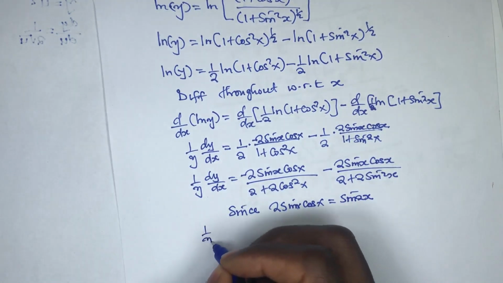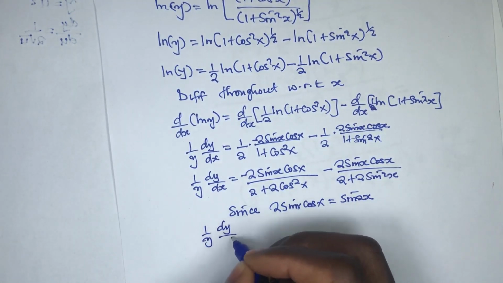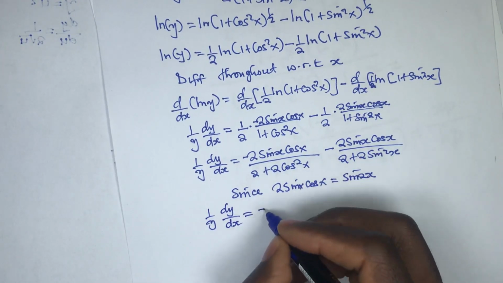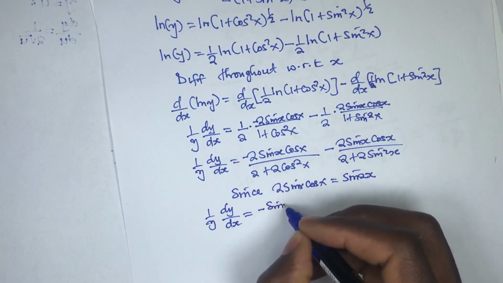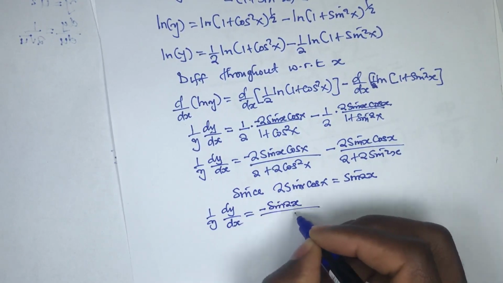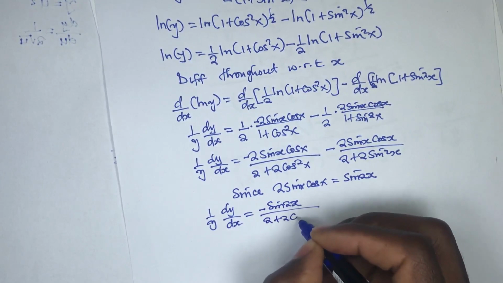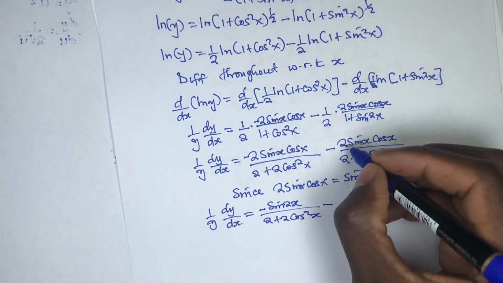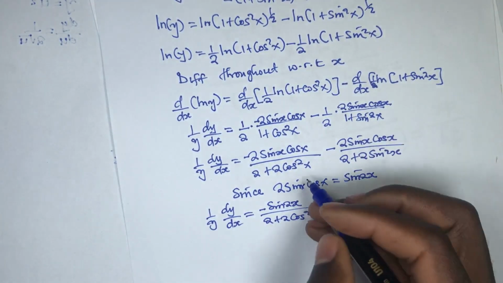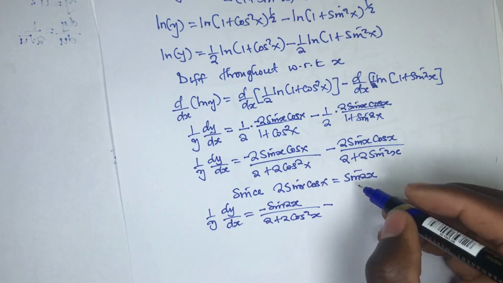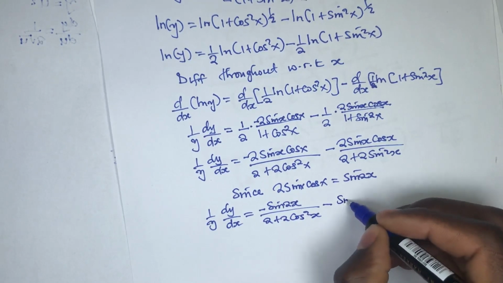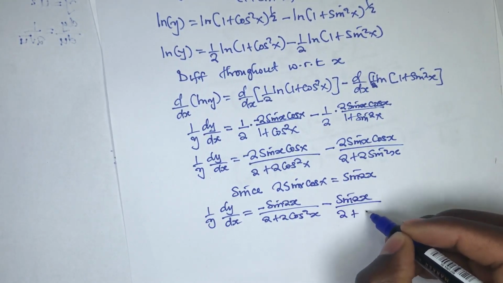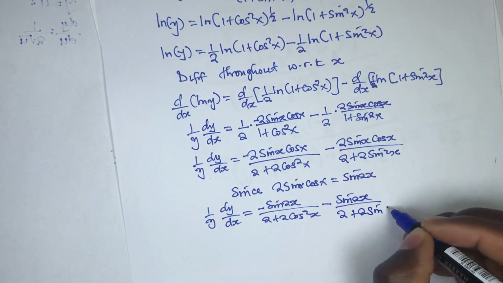Then we have 1 over y dy/dx equal to negative sin 2x divided by 2 plus 2 cos squared x, minus, even this part where there's 2 sin x cos x, we put sin 2x, sin 2x divided by 2 plus 2 sin squared x, like this.